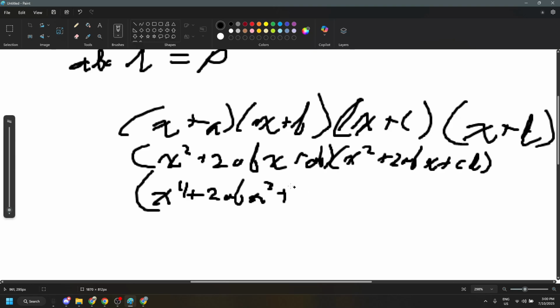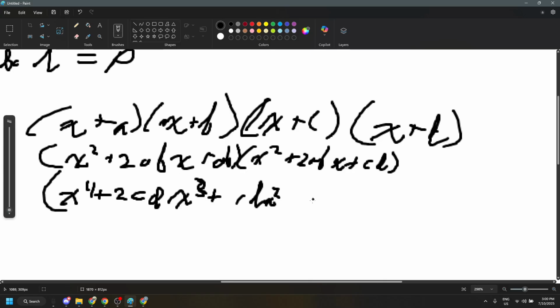No, I shouldn't do ab, I'm multiplying x squared by everything, so this would be cd x squared plus x cubed plus cdx squared.